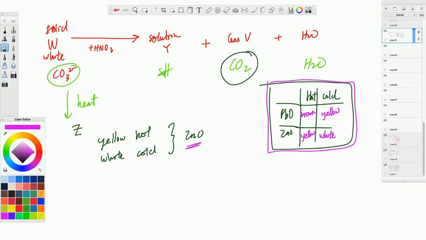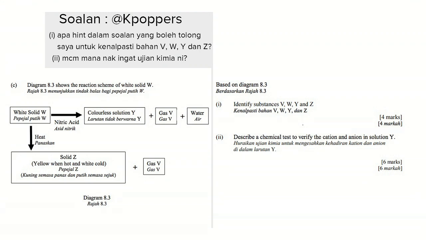If this one is zinc oxide, that means this one was zinc carbonate. And then this one is zinc nitrate. So identify V, W, Y, and Z. V is carbon dioxide gas. W is your solid W. When you heat it up, it becomes zinc oxide, so the original was zinc carbonate.